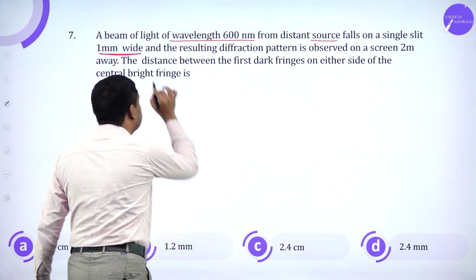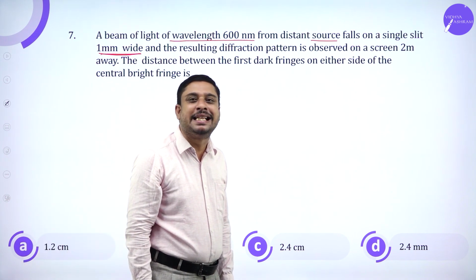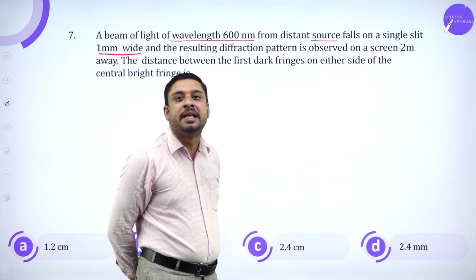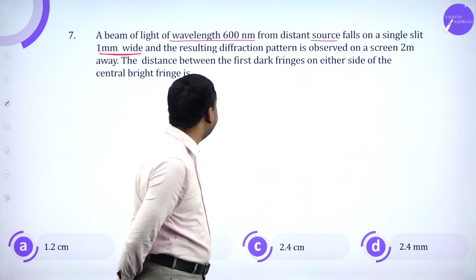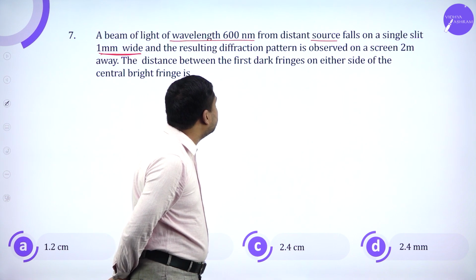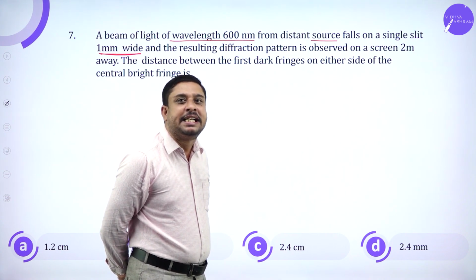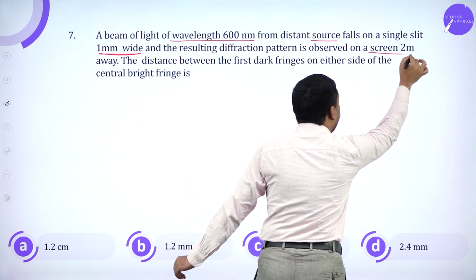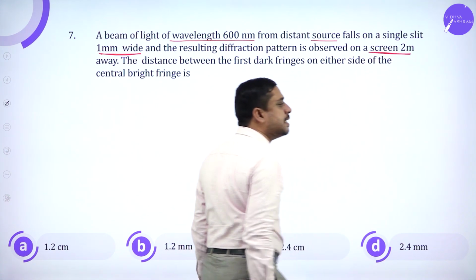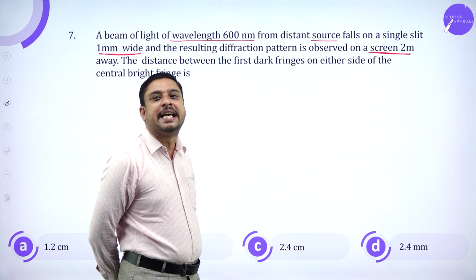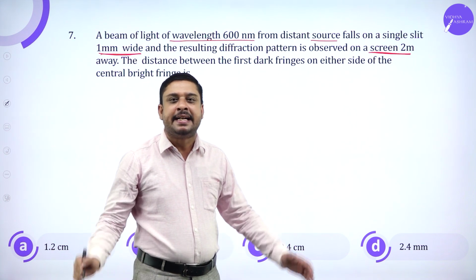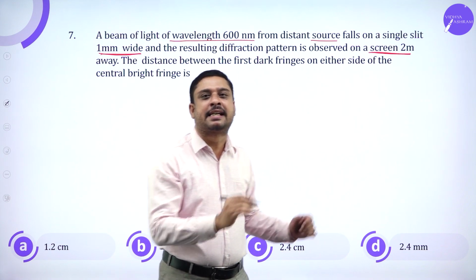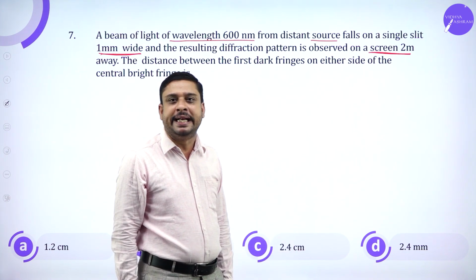So the slit width is given as 1 millimeter wide, and the resulting diffraction pattern is observed on a screen 2 meter distance. That is, the distance between the slit and the screen is 2 meters.